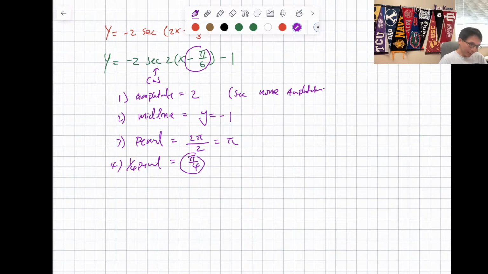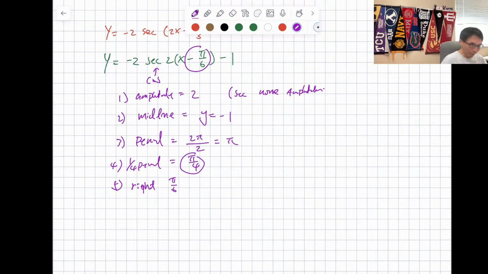So you had better convert to the same denominator, then you can use the same increments. But the last part is the horizontal shift. Shift left or right? Right. So right pi over 6.